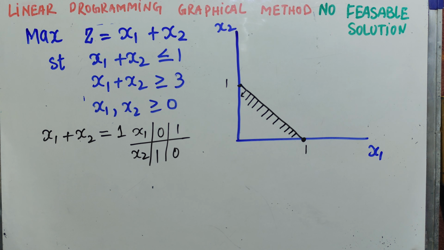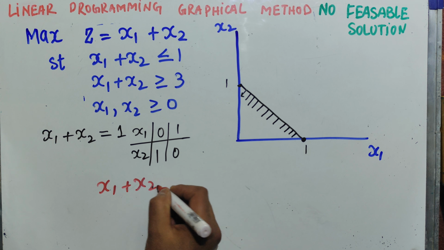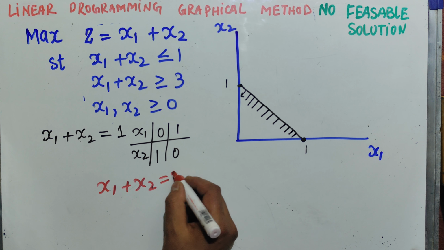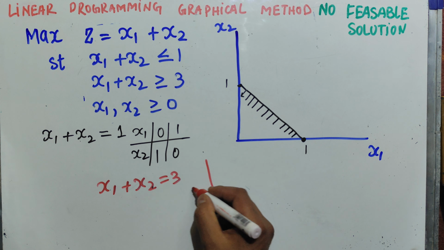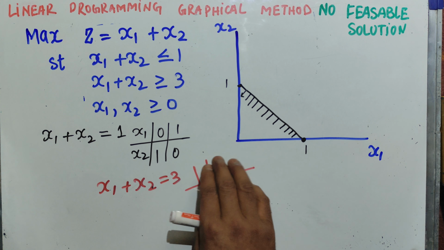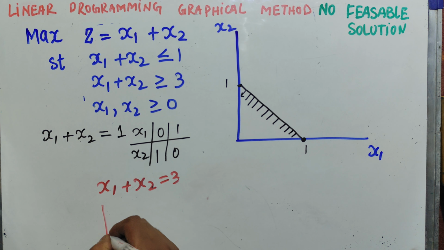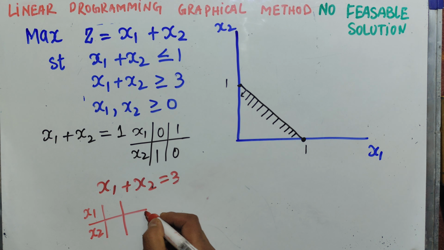For the second constraint, we have x1 plus x2 is equal to 3, and let us take the values. So we have x1, x2.